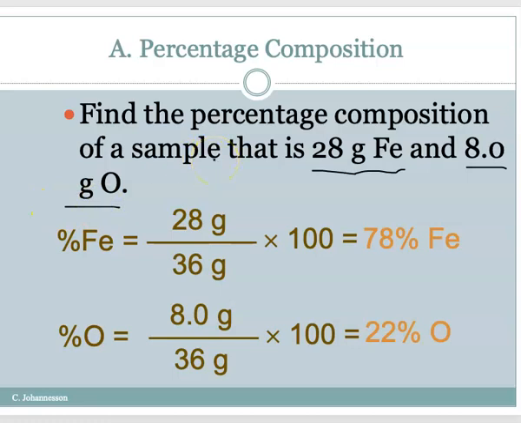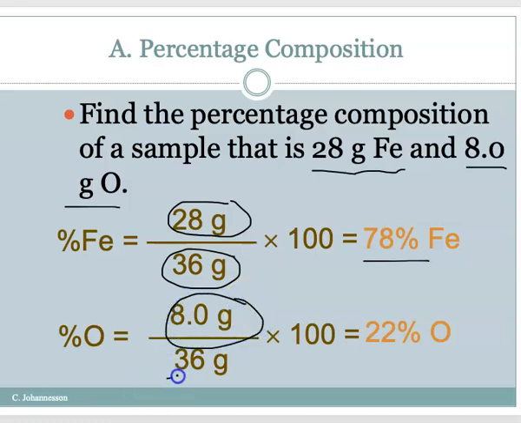So that's pretty easy to determine percent composition. You just take the mass of the iron in the compound and divide it by the total mass of the compound, which is 28 plus the 8 grams, and you wind up with 78% iron. You do the same thing for oxygen, so you start with 8 grams of oxygen divided by the total mass of the compound to get 22% oxygen.